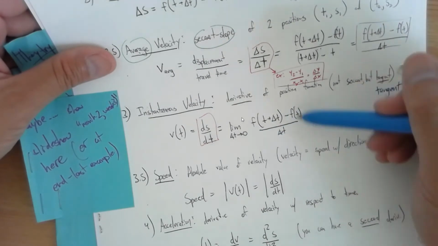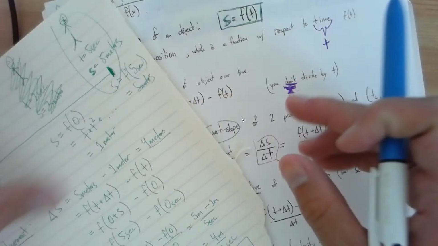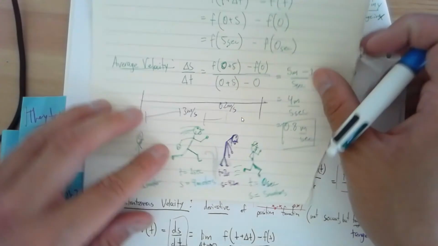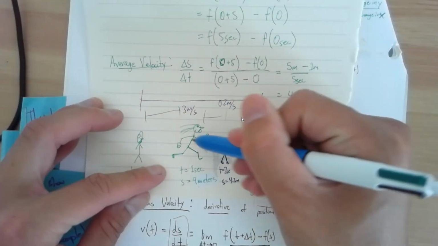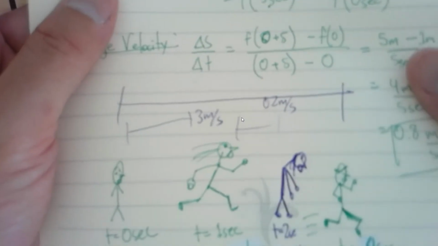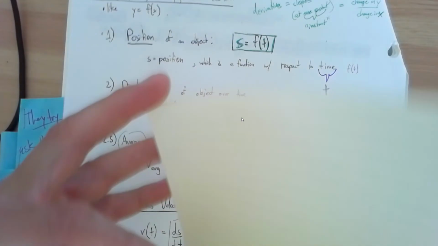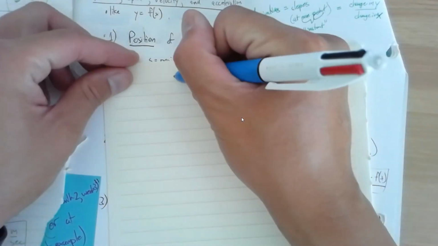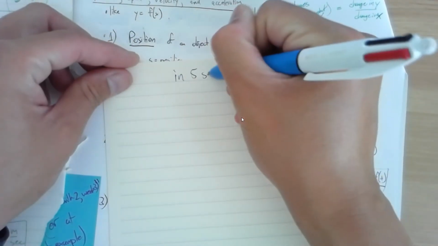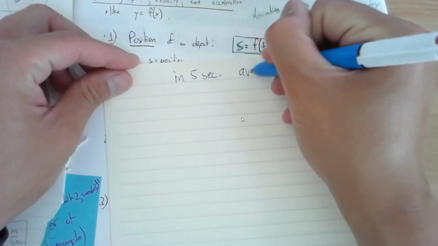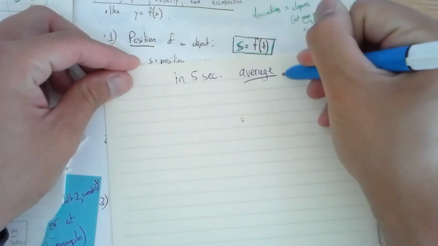You've seen this already, but for our example here, let's say we wanted to find the instant of this person right here. Let's focus on this guy right here. Let me try to redraw him really quick. Let's focus on that weird instant. Remember that in 5 seconds, the average velocity of this person... you don't have to write this, okay?